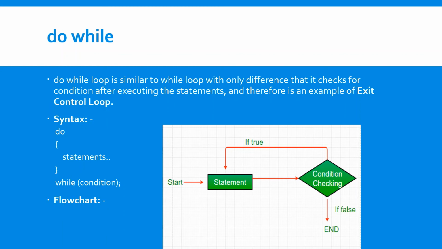If it is evaluated to true, the next iteration of the loop starts. When the condition becomes false, the loop terminates, which marks the end of the life cycle of the do while loop. It is important to note that the do while loop will execute its statement at least once before any condition is checked, and therefore it is an example of an exit control loop.